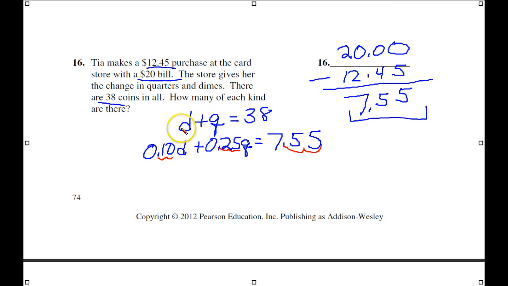And then solve for either D or Q, and then substitute, and that'll give you what you need. And again, all of the answers are in the back of the booklet here. And there were 25 quarters, and there were, let's see here, 13 dimes.